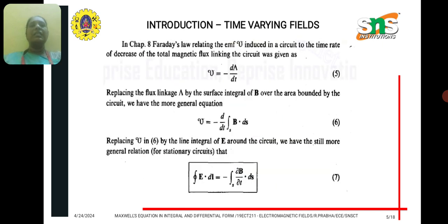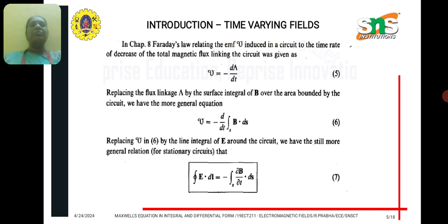For the second equation, we are taking Faraday's law. According to Faraday's law, the electromotive force is given by E is equal to minus d phi by dt. This can also be written as minus d by dt of the integral of B dot dS.